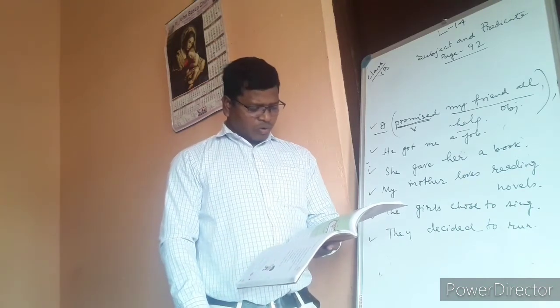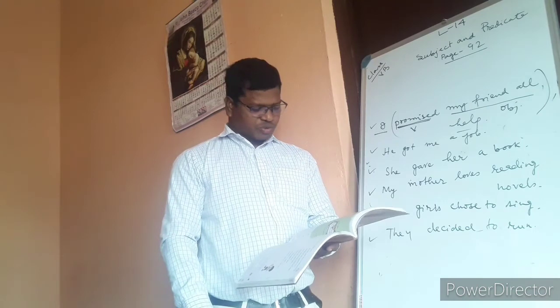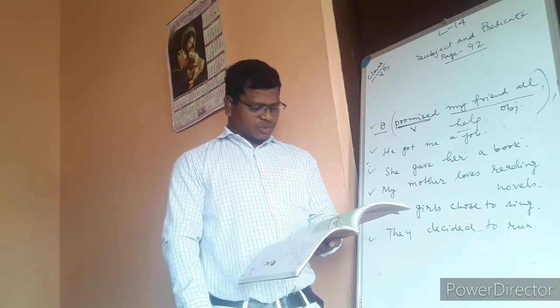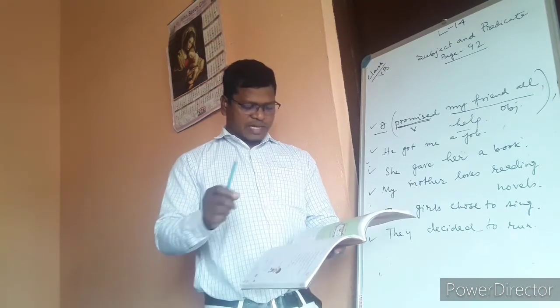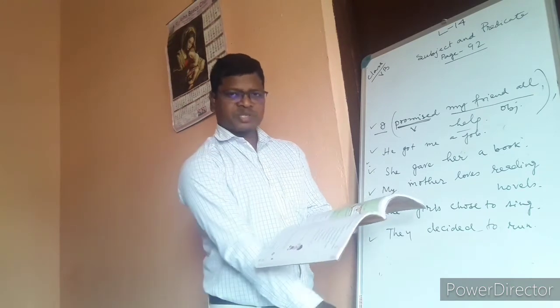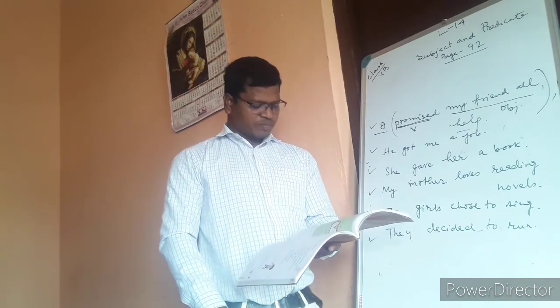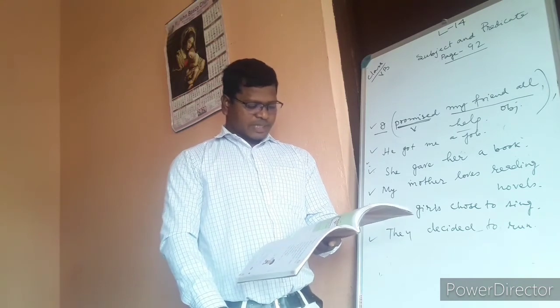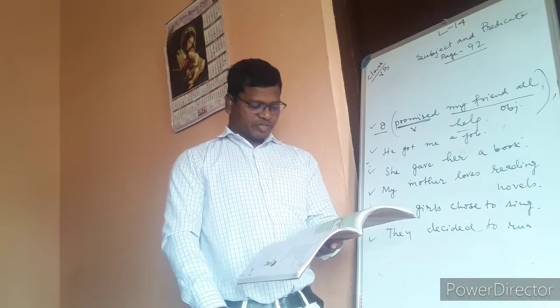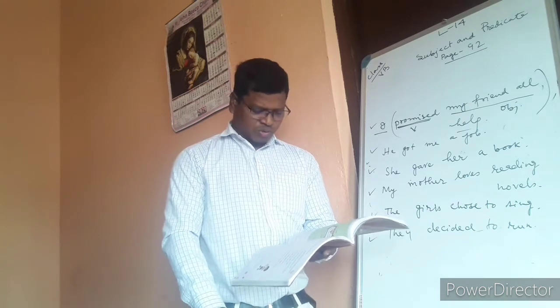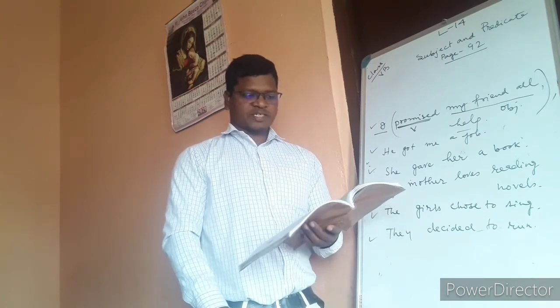Now look at this sentence: thank you, get up. These sentences have an implied subject. That means it is understood. The subject is not stated, but it is known. Thank you means I thank you. Get up means you get up.